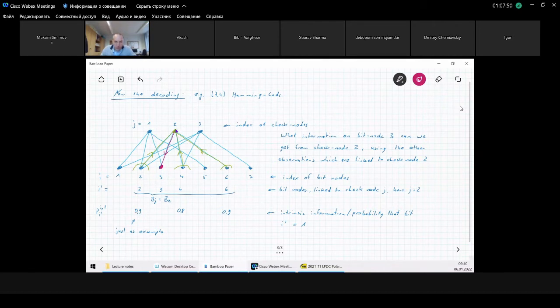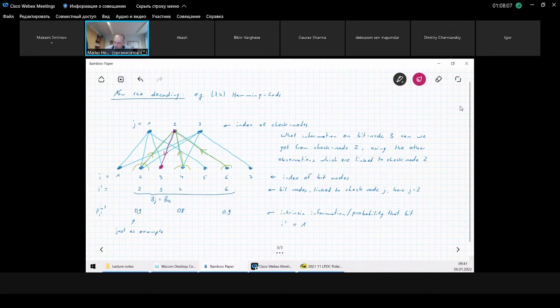So additionally, we know that at the end, in order to be a valid code word, we need a 0 here at the check node, because if we have a valid code word, all the check nodes will be 0. So this is basically the constraint that we know.